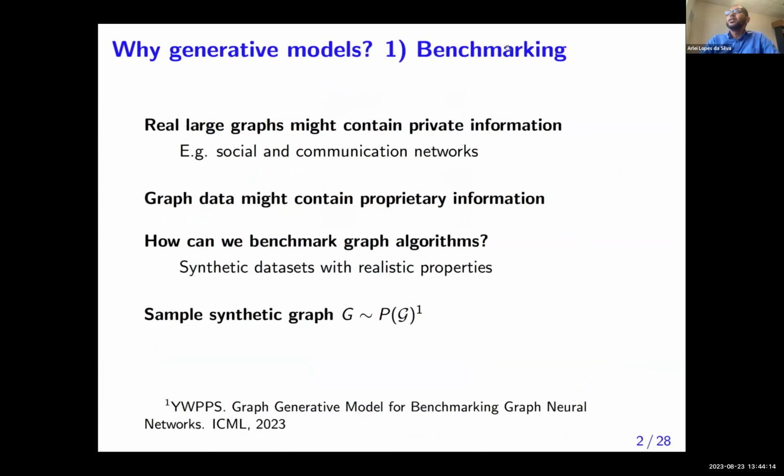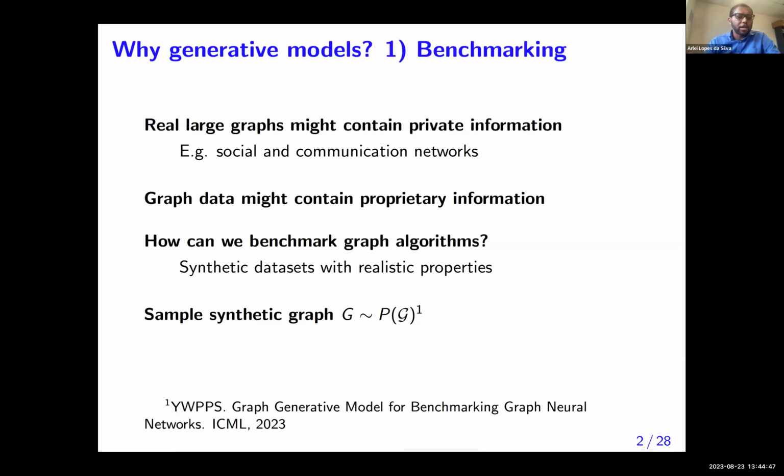So now some specific applications of generative models for graphs. The first one is benchmarking. What often happens is we have an algorithm or a model that we believe is very accurate on some data set, but we don't really have access to the real data set because either that data is private or it belongs to some company that associates some financial value to the data, so it does not share it with the broader community.